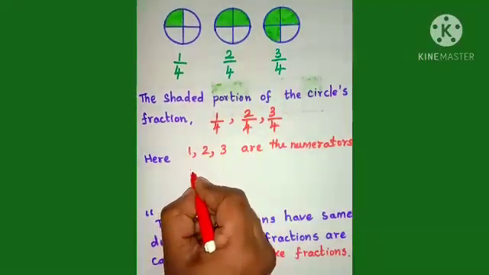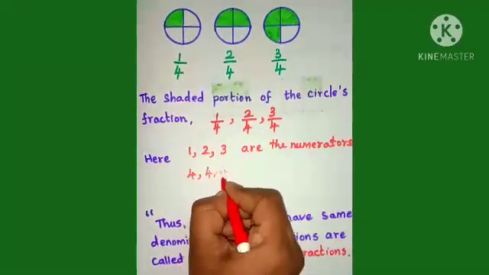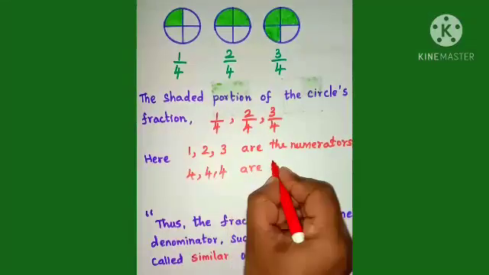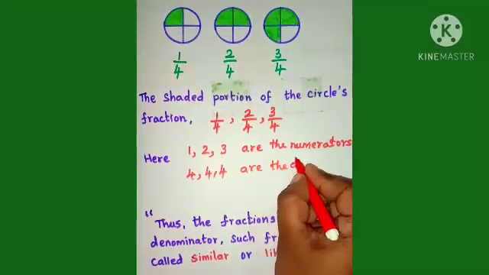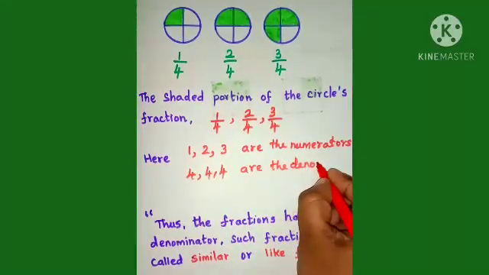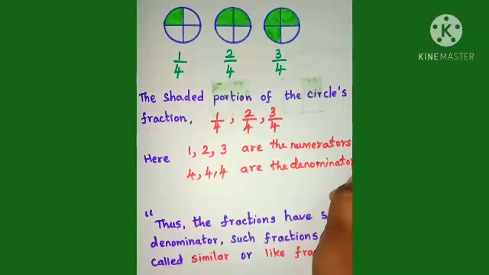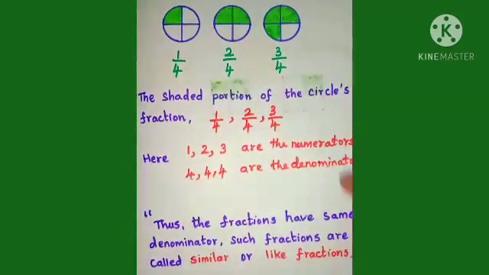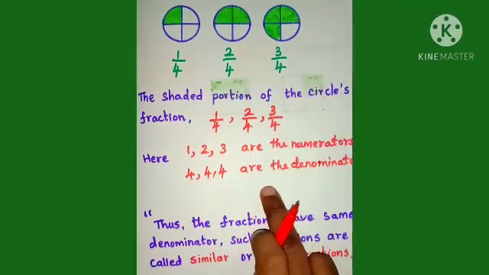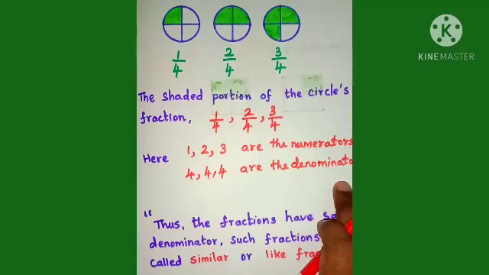And 4, 4, 4 are the denominators in each shaded portion of the circles. The bottom number in each shaded portion of the circles is known as the denominator.